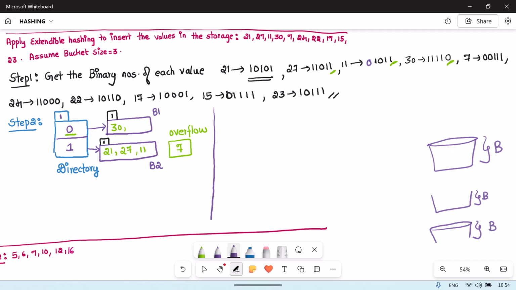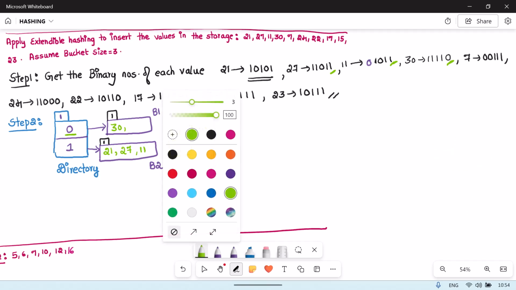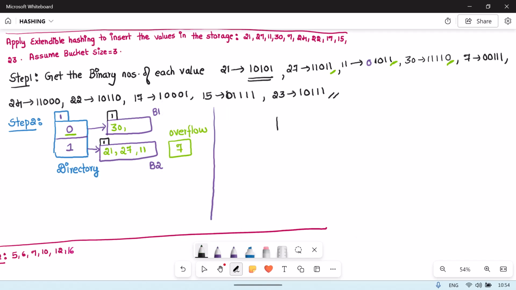It is split into two parts like this. So now we will have three buckets, right? B1 will remain as it is because B1 did not have any overflow, whereas B2 will be split into two buckets, B2 as well as B3.